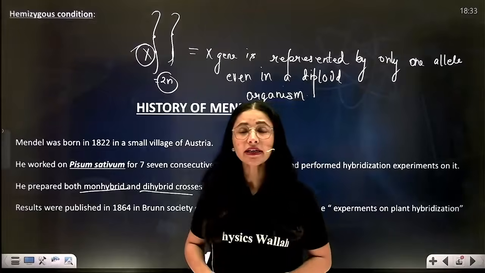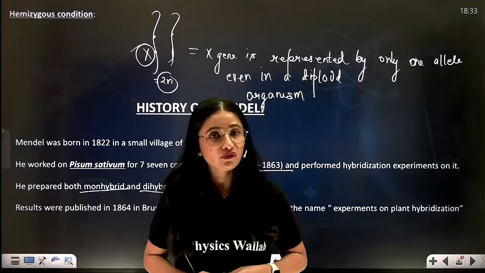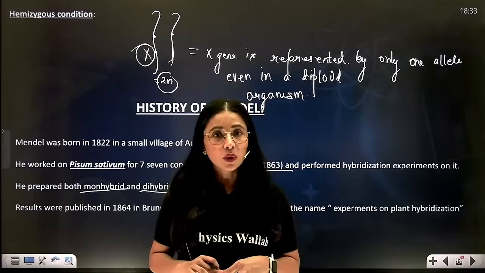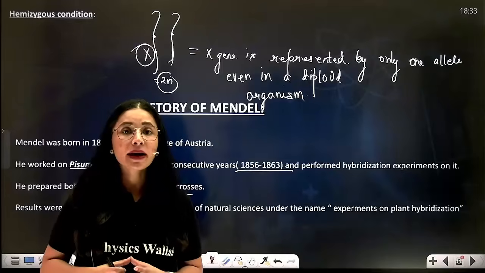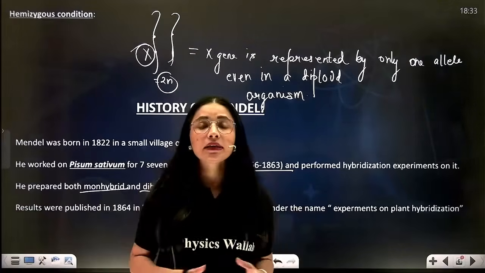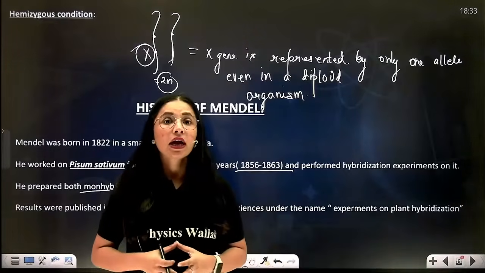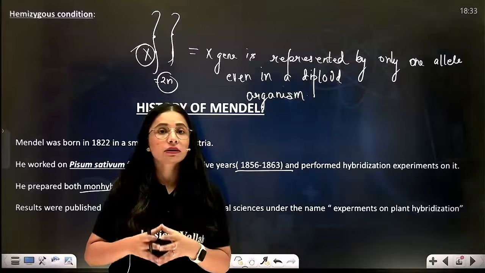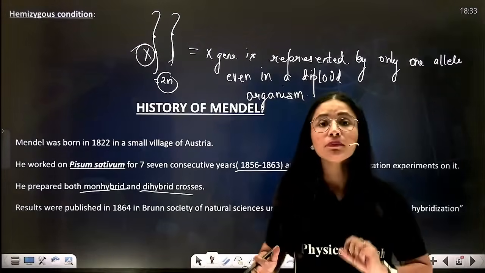For 7 years he performed the experiment, and in the year 1864 he published his work with a publishing house by the name Brunn Society for Natural Sciences, and the paper in which he printed his results was known as Experiments on Plant Hybridization.